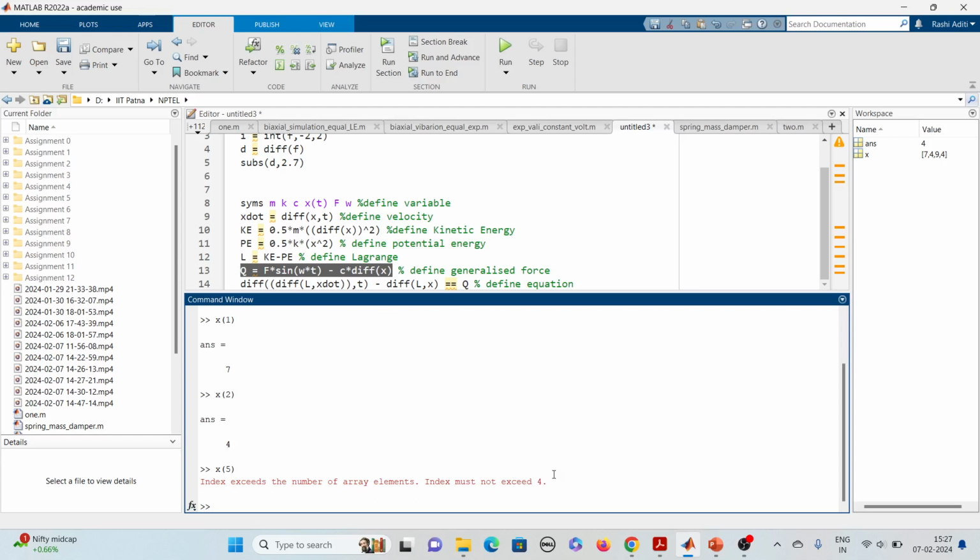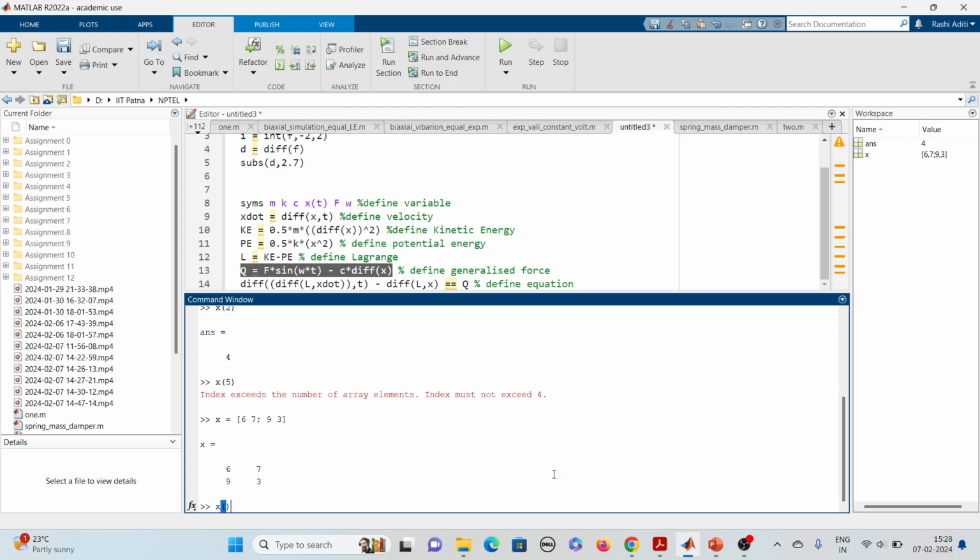So in case of a matrix also, this is applicable. For example, if I write x is equal to, if I want to make it a 2 cross 2 matrix, 6, 7, 9, 3. X is a 2 cross 2 matrix: 6, 7, 9, 3. So in this case, how is the indexing happening? Let us see.